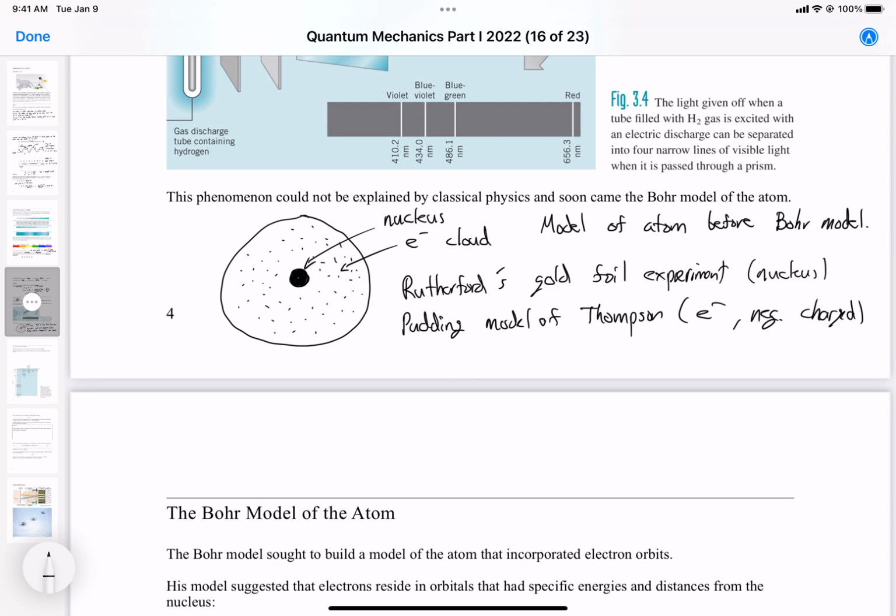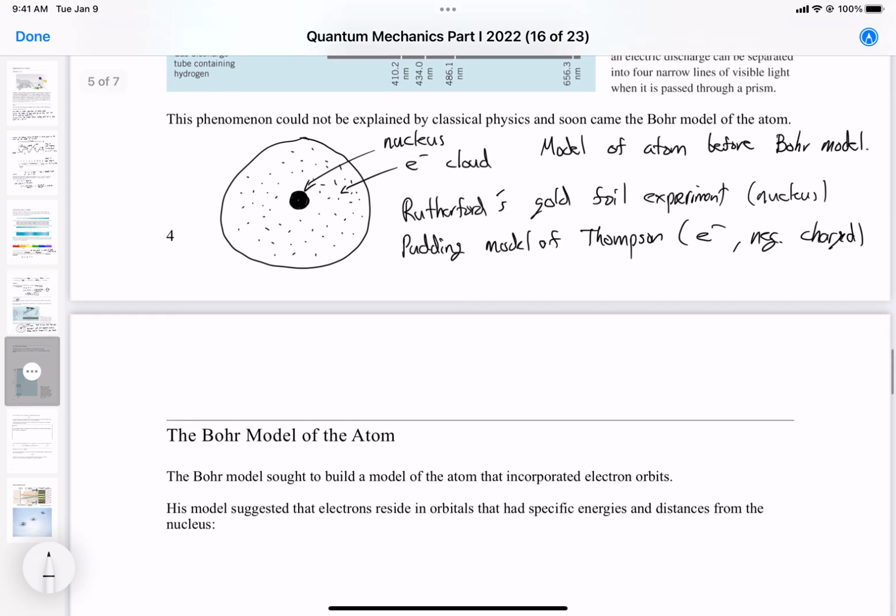So it didn't really make sense that electrons were just surrounding the atom, because eventually he would have seen in his experiments that they could have collided with the particles that he shot at the gold atoms, but he really didn't observe much. What he did observe is that the atom is made mostly of empty space, and that at the center is where most of the mass of the atom is, and that's the nucleus. Okay, so those are the two contributions before Bohr's model.